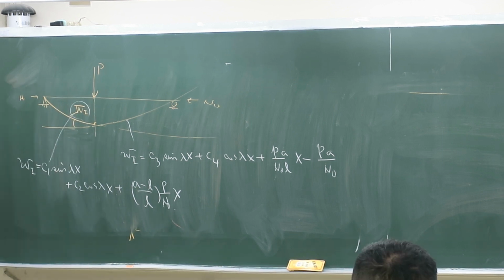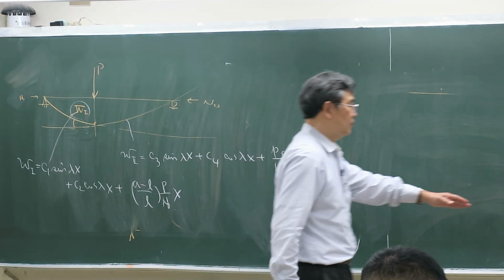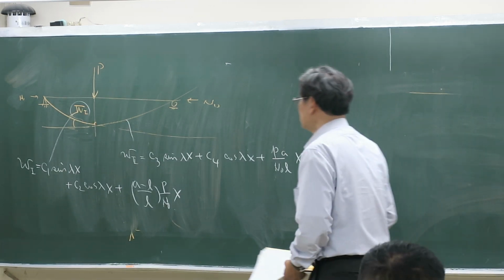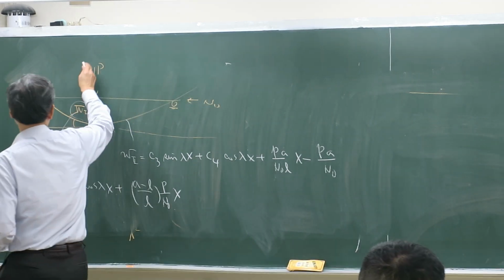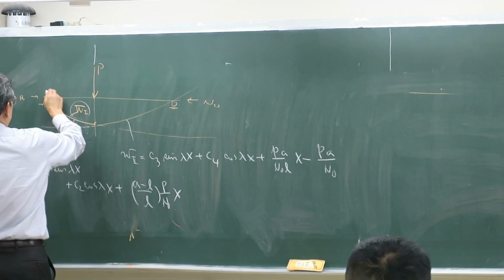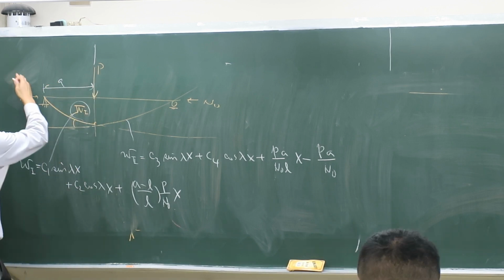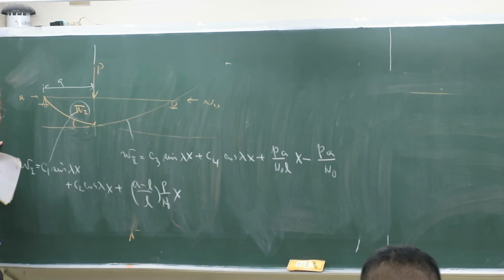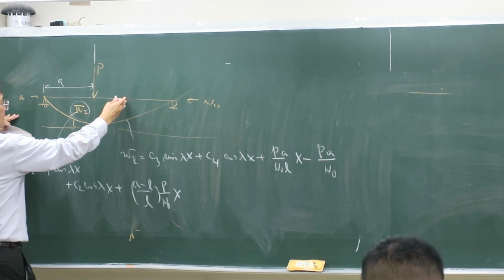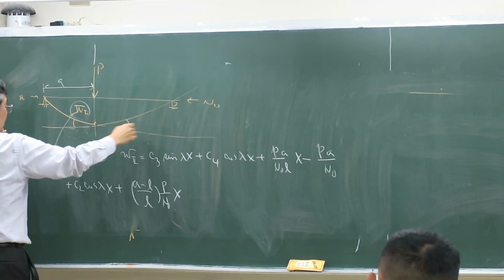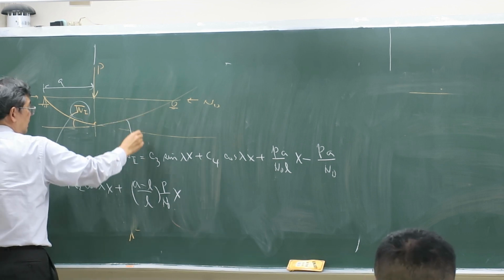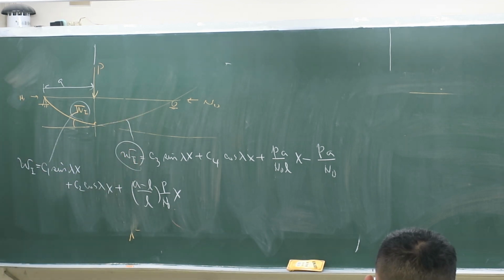Okay? So this is for x smaller than A. This is A. It satisfies this equation W1. For x larger than A, smaller than L, it follows the W2 curve.